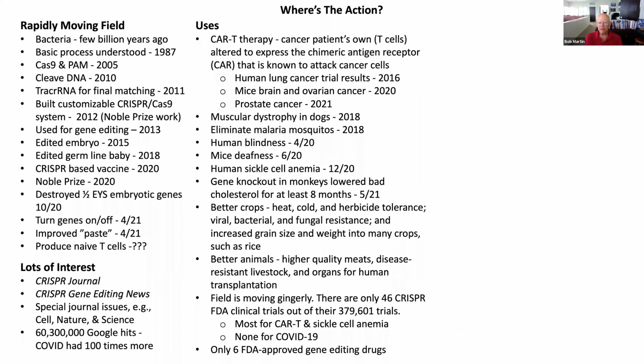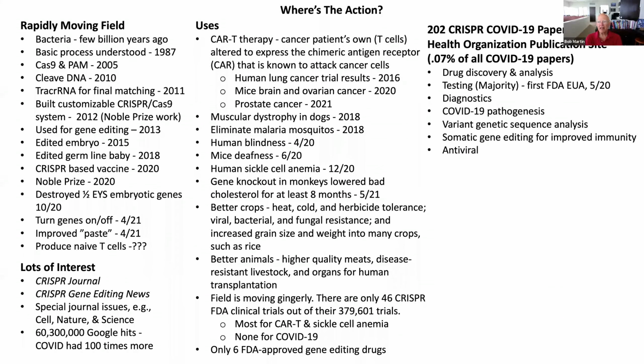That said, the field is moving very gingerly. There are only 46 CRISPR FDA clinical trials out of 380,000. Most are for cancer and sickle cell anemia, none for COVID-19, and there are only 6 FDA gene editing drugs. So those series of problems that I mentioned are behind why people are moving so gingerly while at the same time rapidly progressing the basic science.